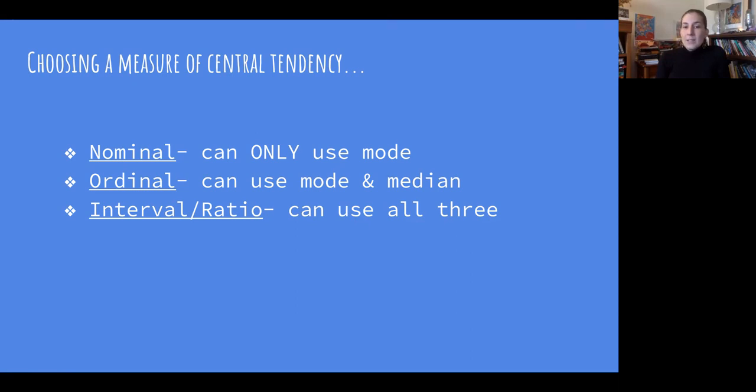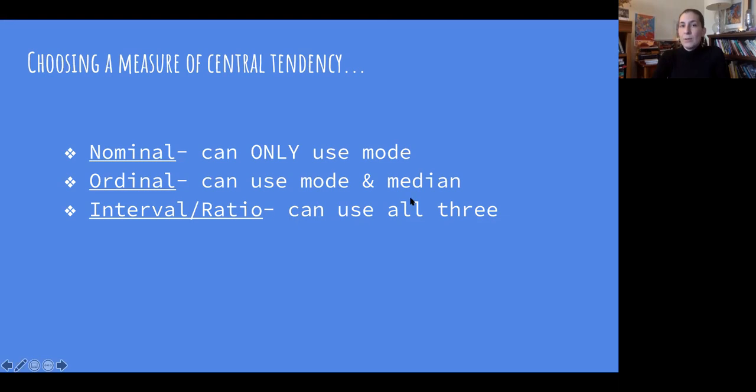Ordinal variables can use the mode, excuse me. So they can also tell you, I can tell you what was the most common response, and I can tell you what was the median response, what fell in the middle. So if I asked a question about beliefs and attitudes, right? Strongly disagree, disagree, neutral, agree, strongly agree type question, I can tell you the most common answer was strongly agree.